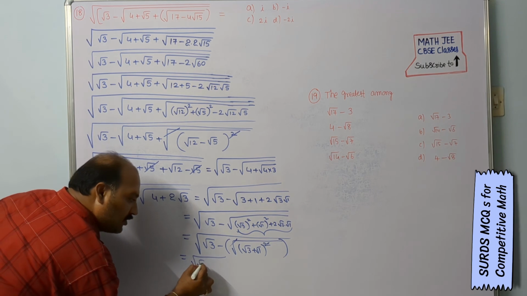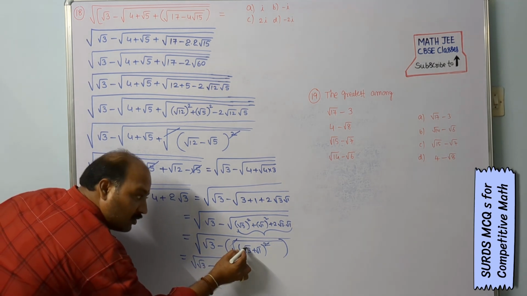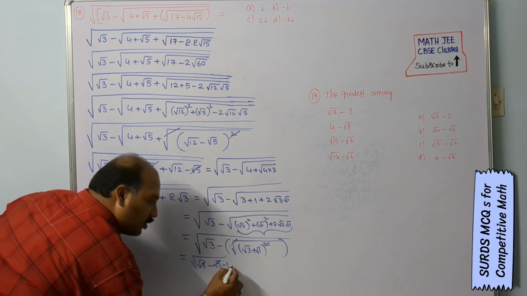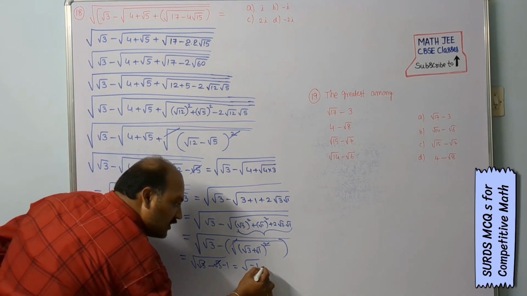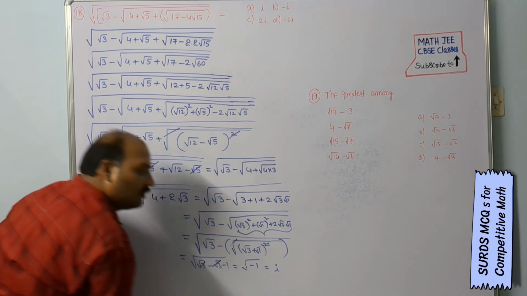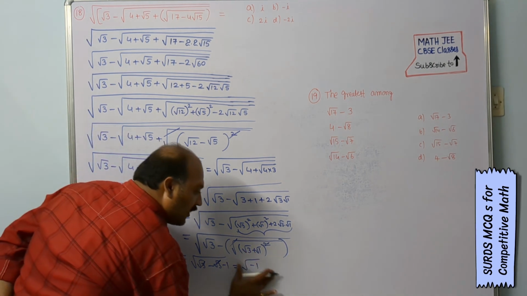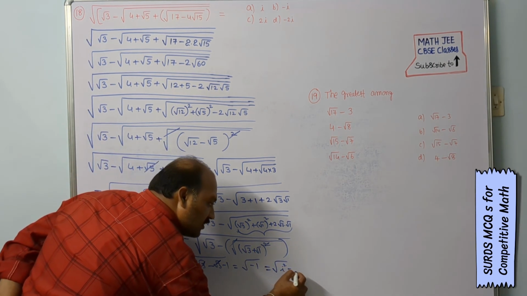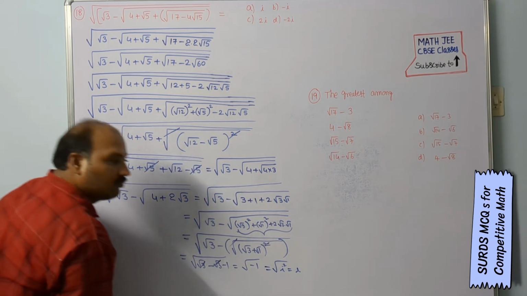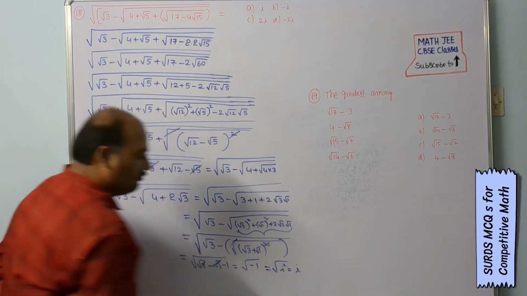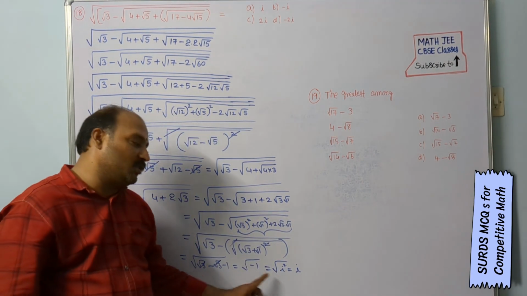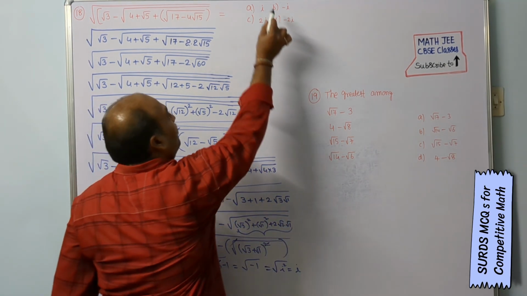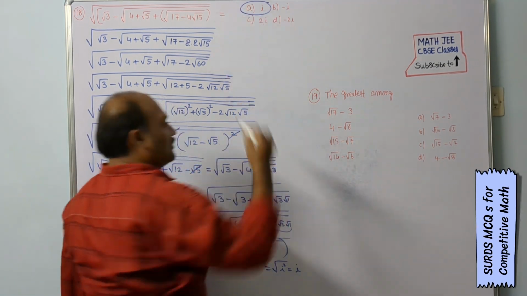Root of root 3 minus root 3 minus root 1. Root minus 1 is equal to i. Otherwise, we can write like this, dear students. Root of i square, that is equal to i. Minus 1 is equal to i square. Root i square is equal to i. I is there in the first option, dear students.